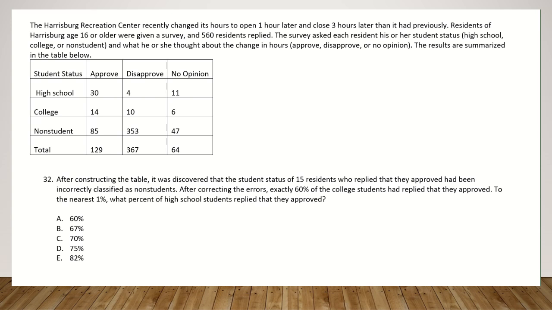All right. So we know that there are 15 residents that aren't actually non-students. They're actually either high school or college. So in other words, the incorrectly classified high school plus college students add up to 15. And we know that 60% of the college students, once they added those in, replied that they approved.